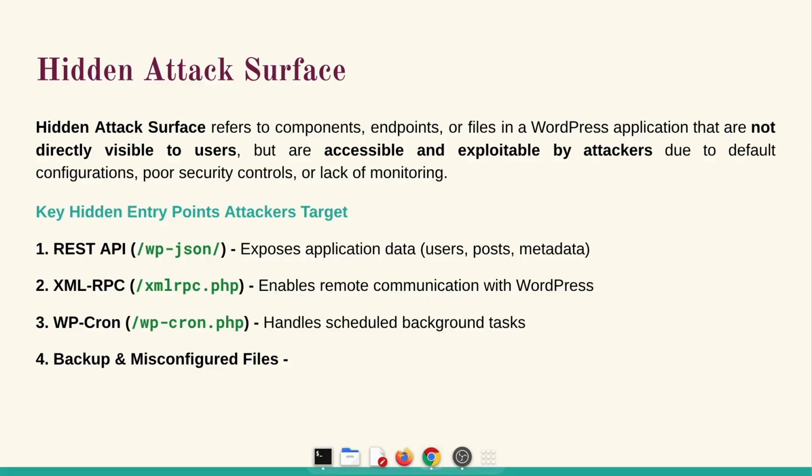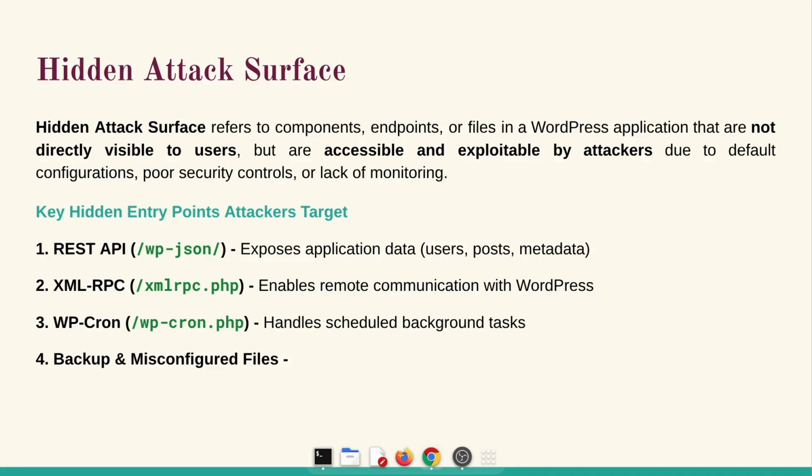Hidden attack surfaces are components not visible in the UI but still exposed and reachable over HTTPS, like the REST API. The REST API is one of the most abused hidden features in WordPress, exposing users, posts, metadata, and so on.